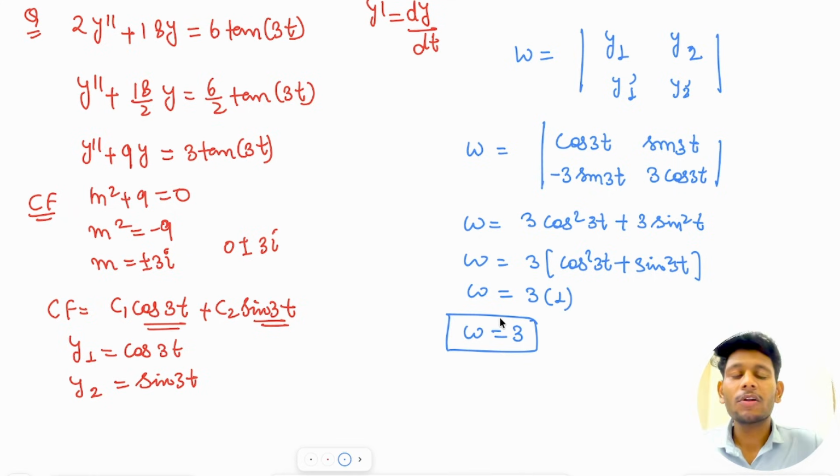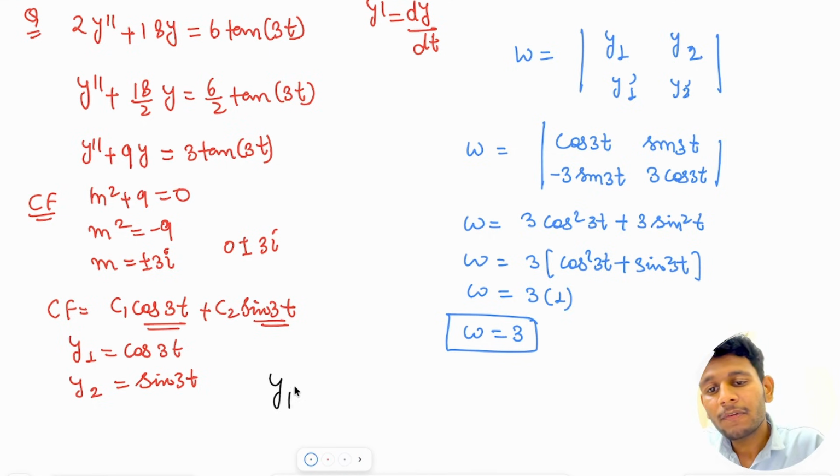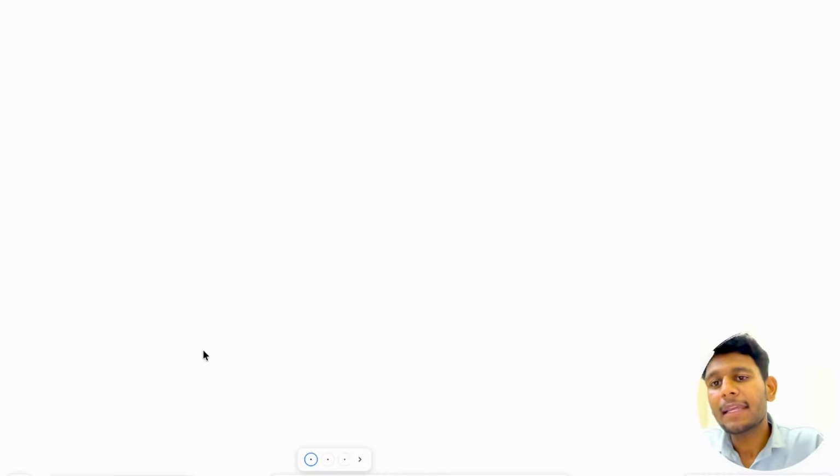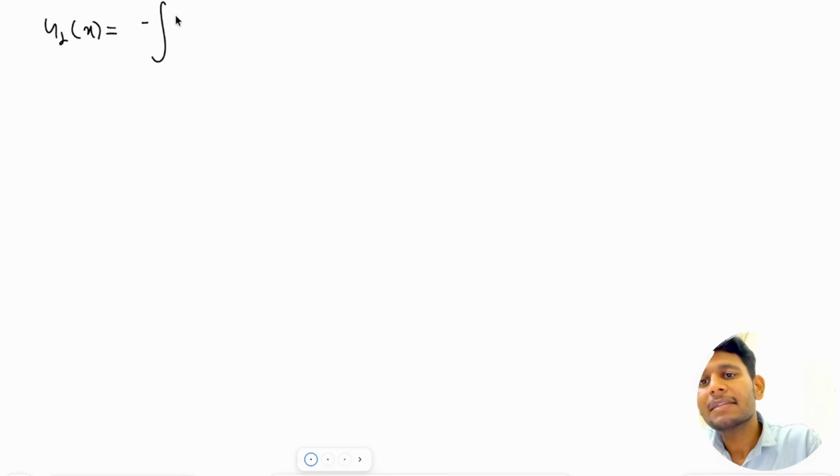This is your Wronskian. Now what to do? This was your Wronskian, and this is your complementary function. What is my particular function? So the particular integral will be u1 y1 plus u2 y2, means u1 cos of 3t plus u2 sin of 3t. Now my task is to find out u1 and u2, that I can easily find out. So u1 of x is nothing but minus integration of right hand side y2 divided by the Wronskian dx.